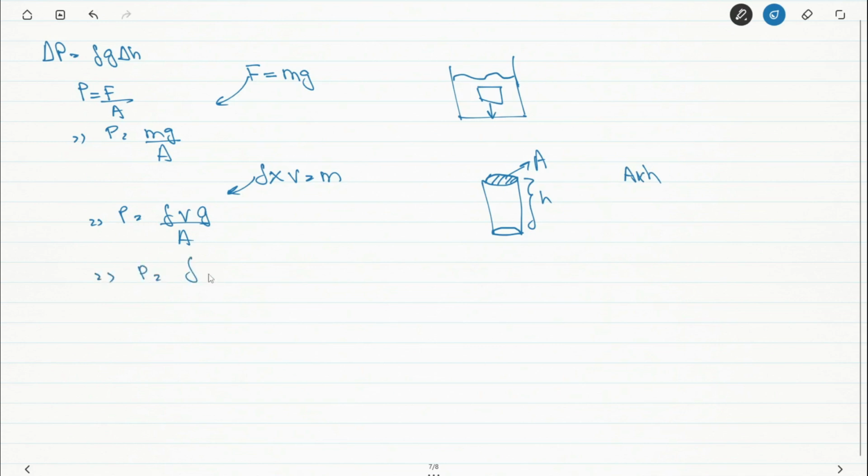P is equal to rho A H g over A, and this A cancels out. And so the pressure inside a liquid is rho g h. So that is how this equation is derived. Make sure you memorize this derivation. I know it's a little bit of memorization, but you should know how to derive this equation. Moving on.